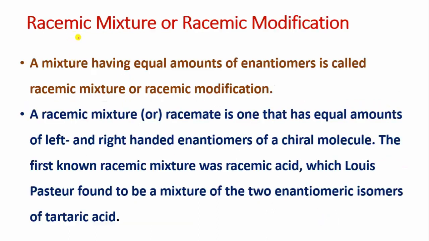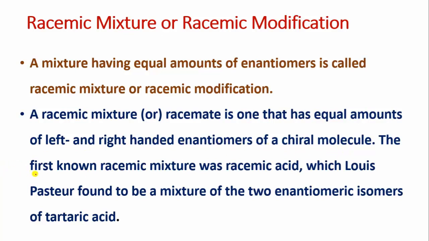Now racemic mixture or racemic modification. A mixture having an equal amount of enantiomers is called a racemic mixture or racemic modification. A racemic mixture or racemate is one that has equal amounts of left and right handed enantiomers of a chiral molecule.